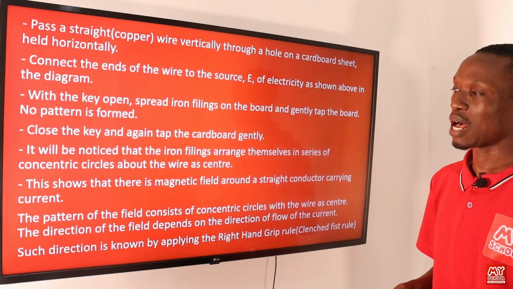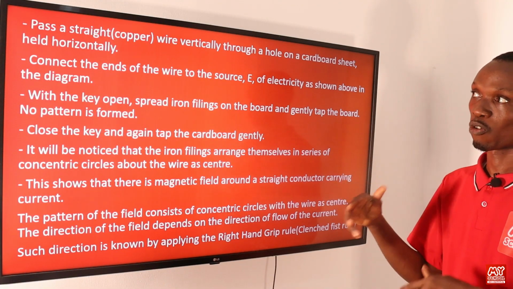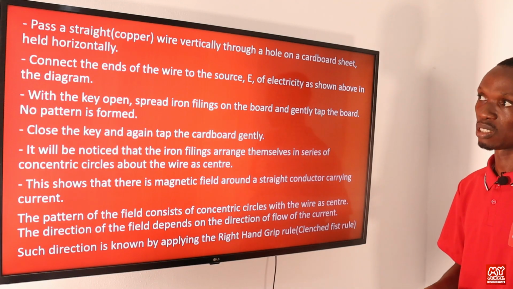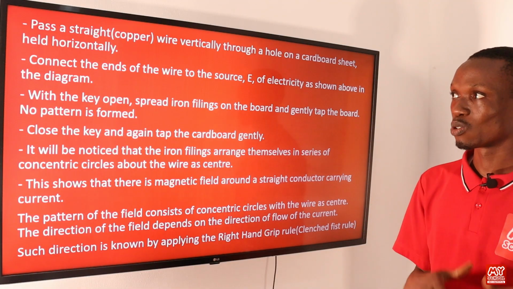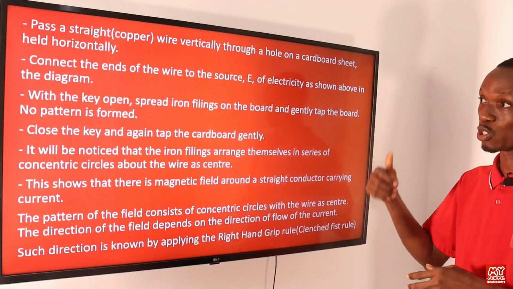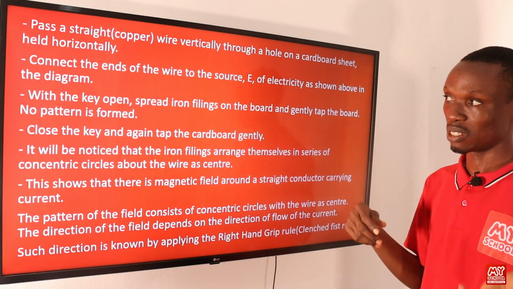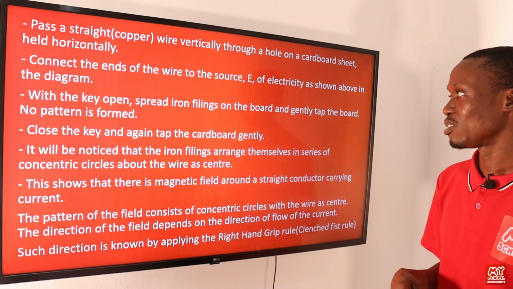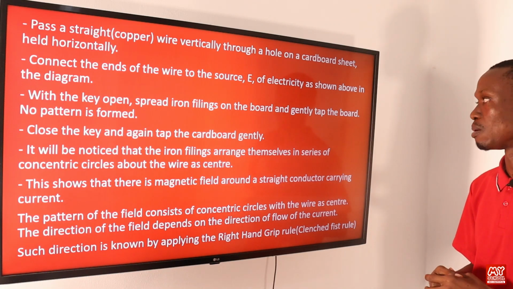Number 1, pass a straight wire, of course the wire is copper wire, vertically through a hole on the cardboard sheet held horizontally. Then 2, connect the ends of the wire to the source E of electricity as shown in the diagram that we have seen in the previous slide. With the key open, spread iron filings on the board and gently tap the board.